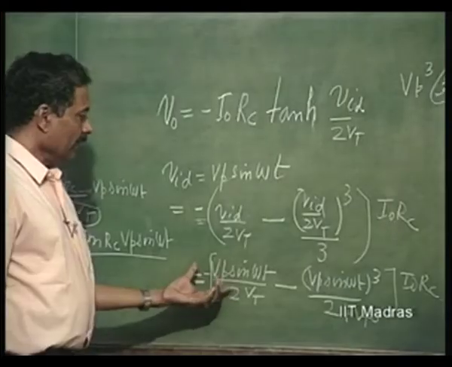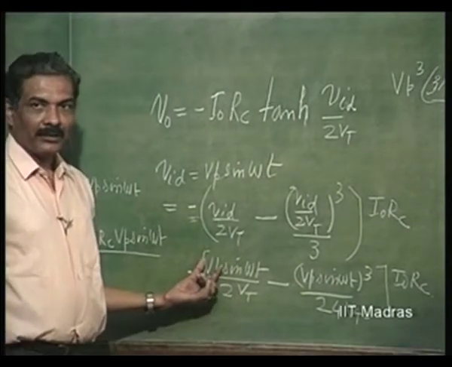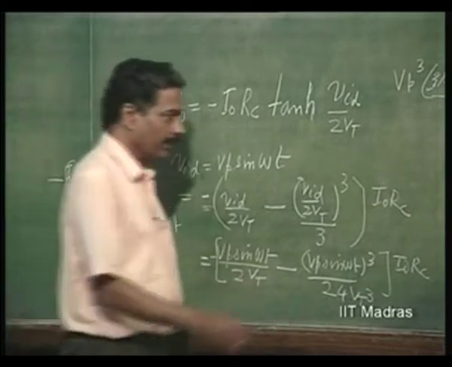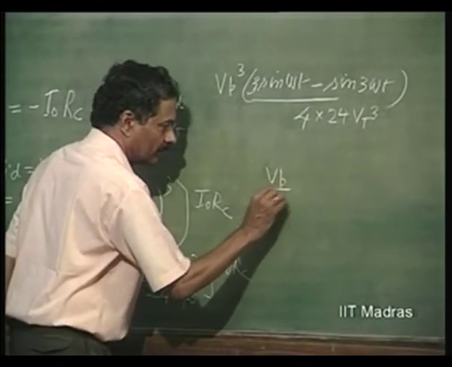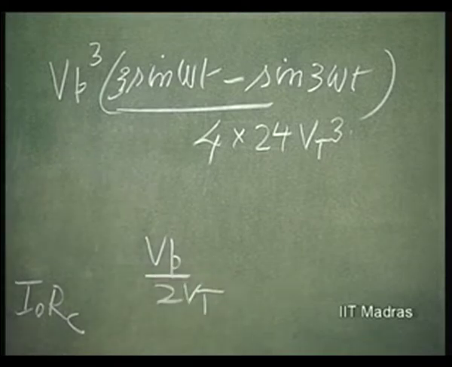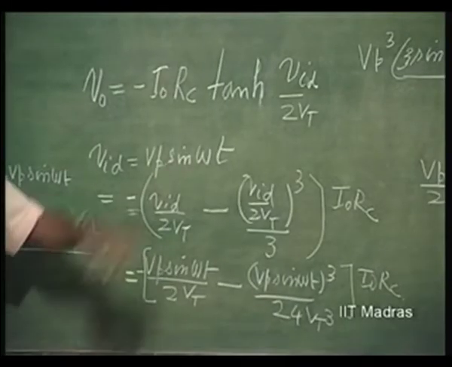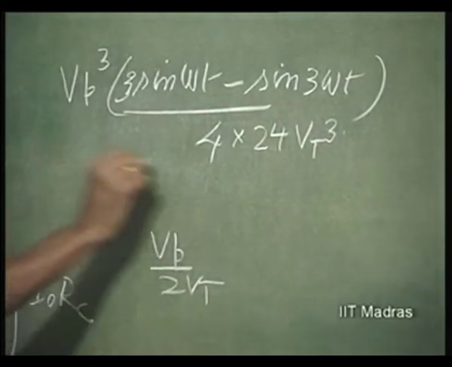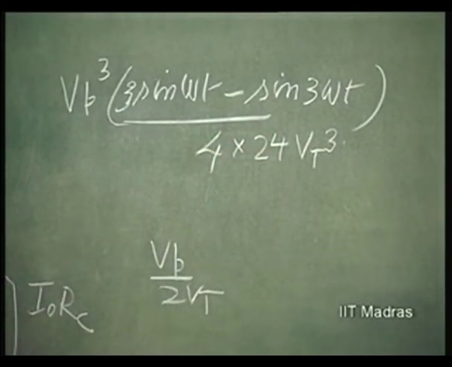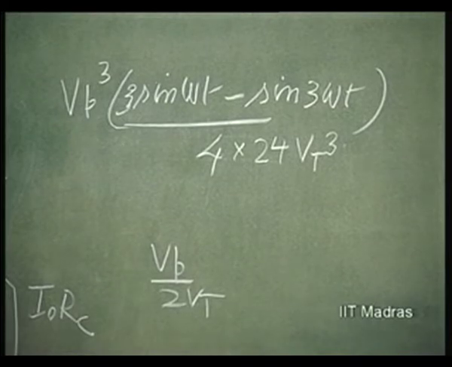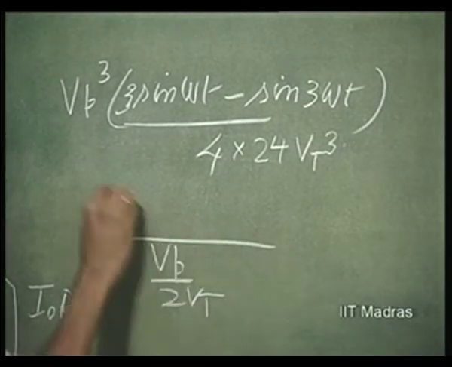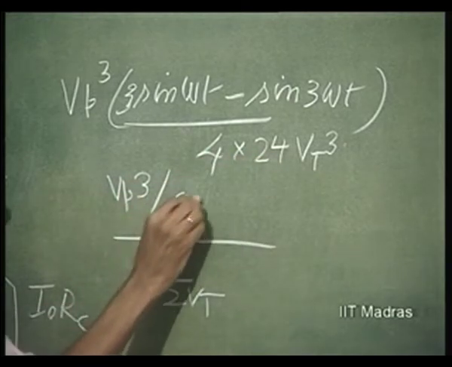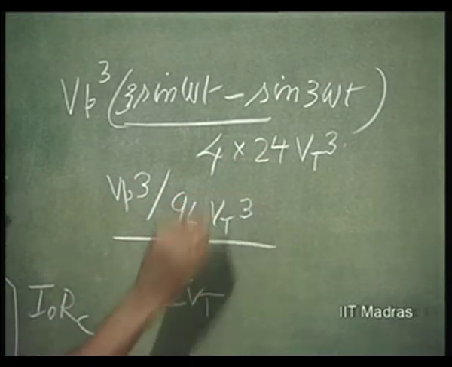Now, let us compare it with the fundamental. The fundamental component was Vp by 2 Vt, peak value Vp by 2 Vt. This is the fundamental component. As against that, we have this, which is going to be the amplitude of the harmonic, which is going to be, let us say, Vp cubed by 96 Vt cubed.